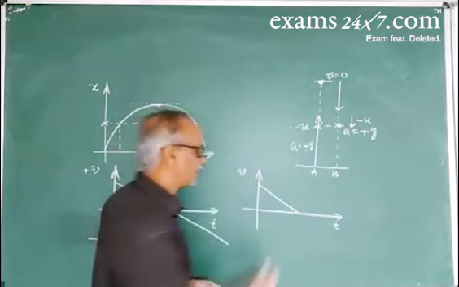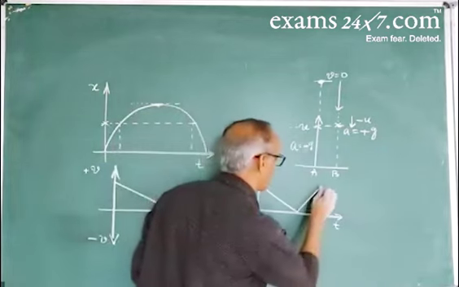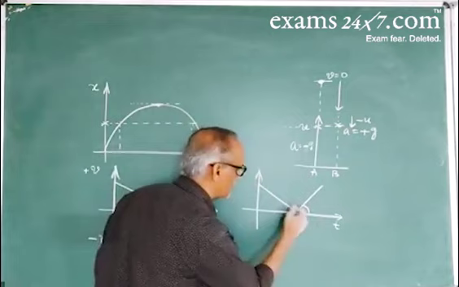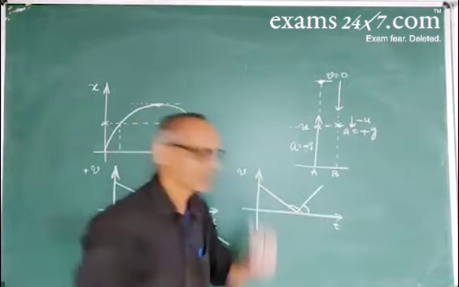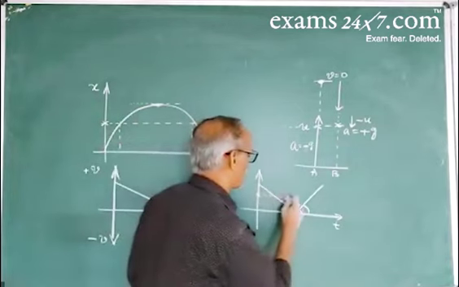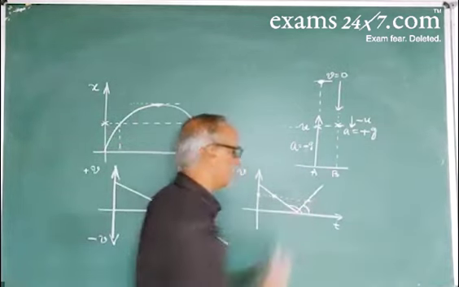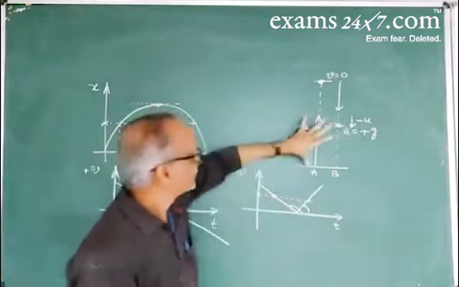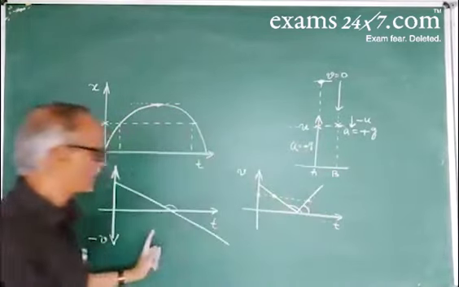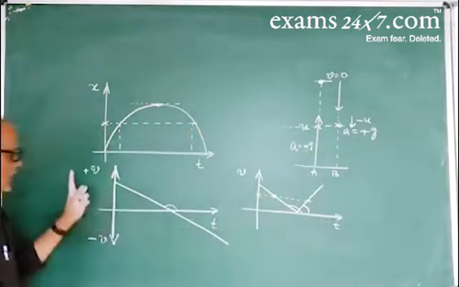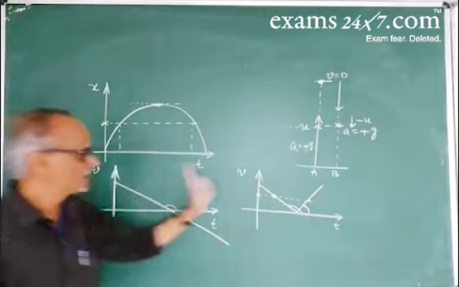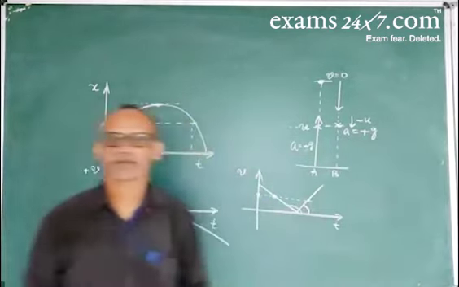So therefore, again, it's a straight line with a positive slope. It will attain the same values for a particular height. So the difference between this graph and this graph is that this is a velocity versus time graph, and here it's a speed versus time graph.